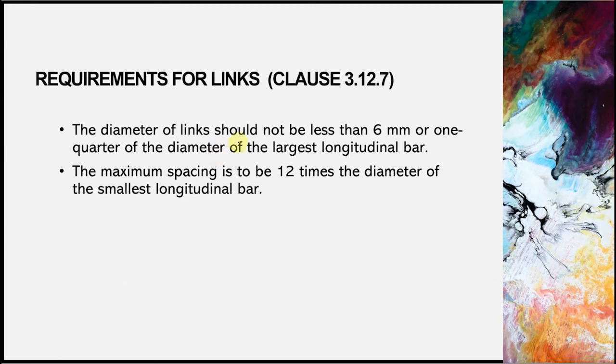The diameter of link should not be less than 6 mm or 1/4 of the diameter of the largest longitudinal bar. Bermaksud dia, so diameter of link, okay, bar size ni you faham lah. So kalau kita kira spacing, kita kira link ataupun tie or whatever lah kita nak panggil dia.